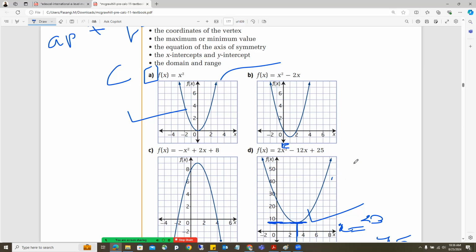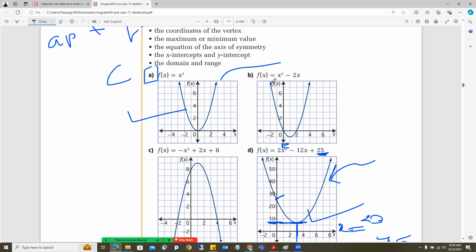No, there are no x-intercepts. But for the y-intercept, you can substitute x equals 0, and then that value would be 25. Okay, 0, 25 is the coordinates of the y-intercept.